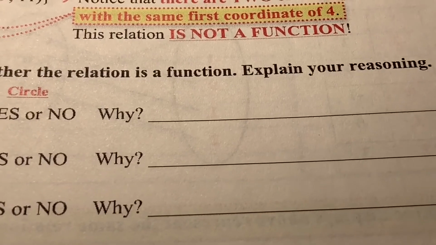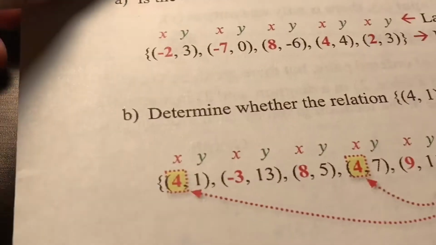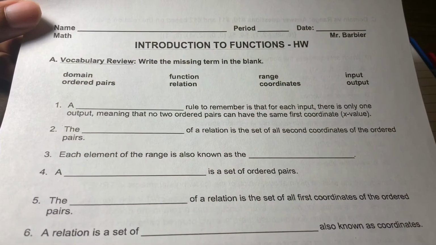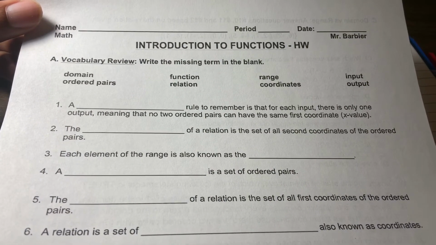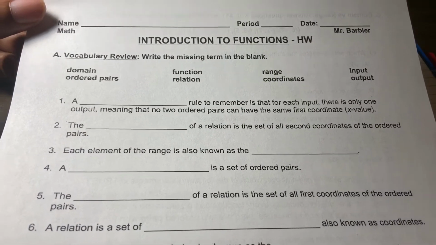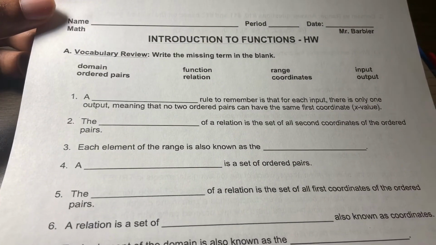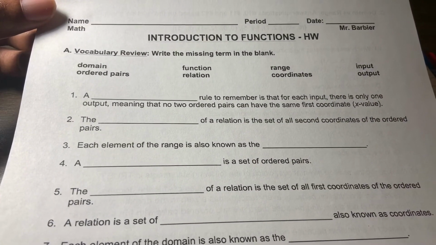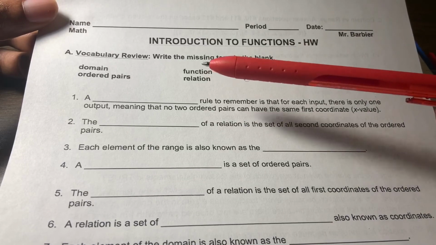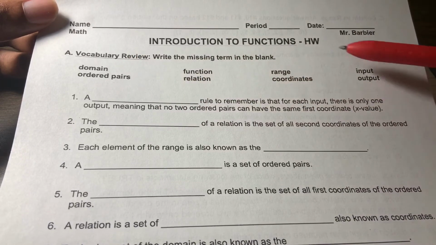So, ladies and gentlemen, guess what you are going to do right now? This is your homework. You are responsible for doing parts A, B, and C, which is on the back, okay? Part A is your vocabulary review. I'm giving you 8 vocabulary words.